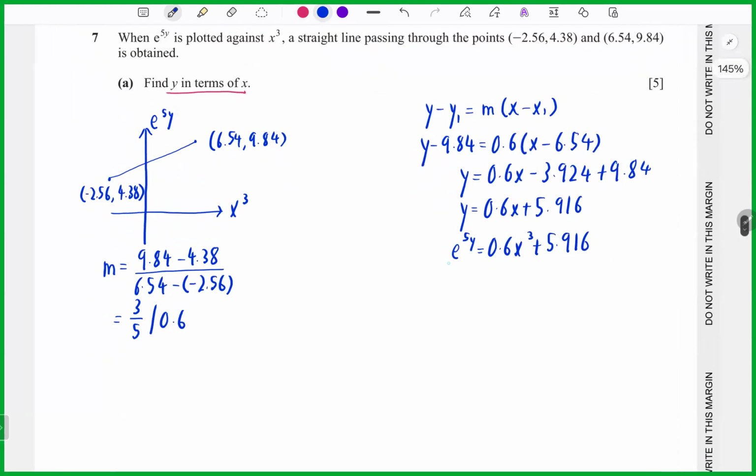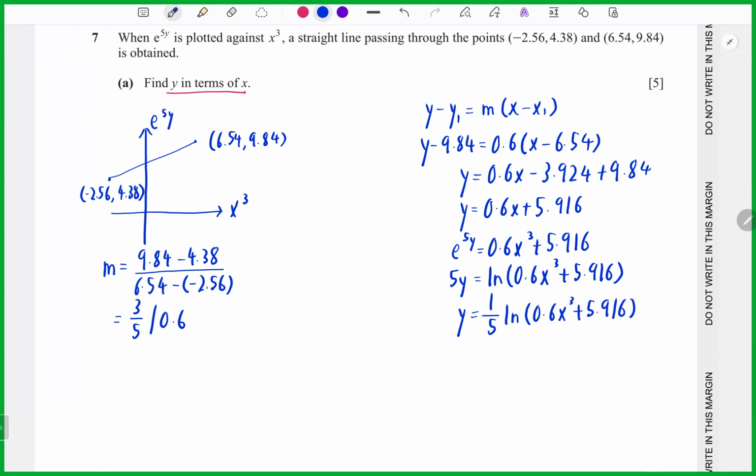So you can take the log and write y equals 1 over 5 ln of 0.6x cubed plus 5.916.